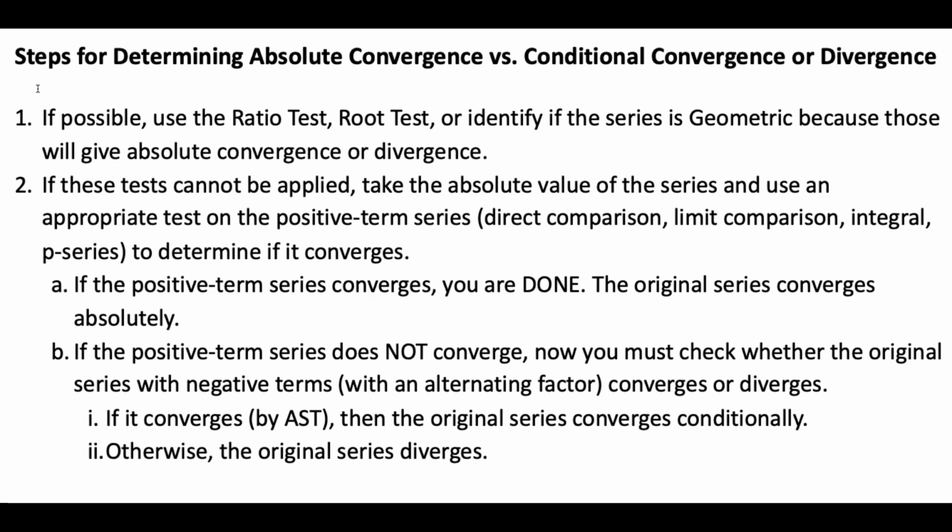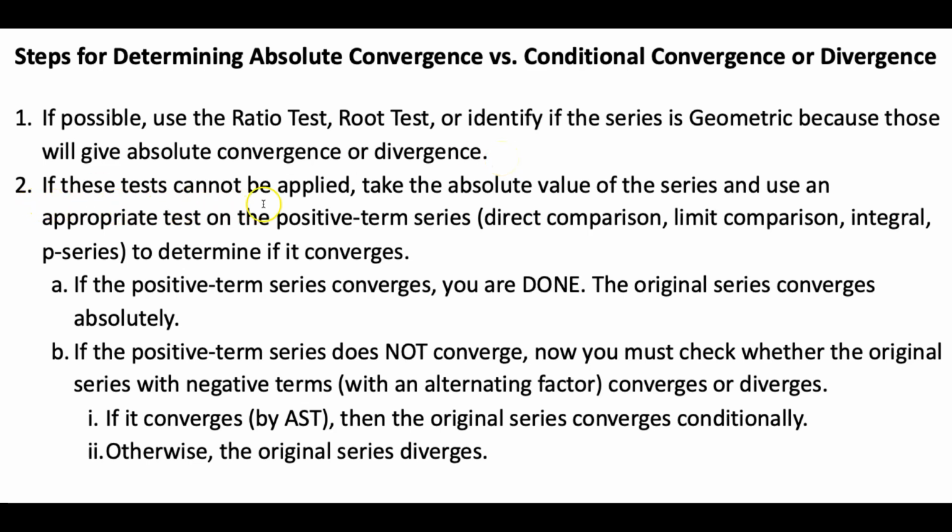Before looking at our next example, I want to give you a set of steps for determining absolute convergence versus conditional convergence, or divergence. First, if possible, we want to use the ratio test, root test, or identify if the given series is geometric, because those are going to give absolute convergence or just divergence.